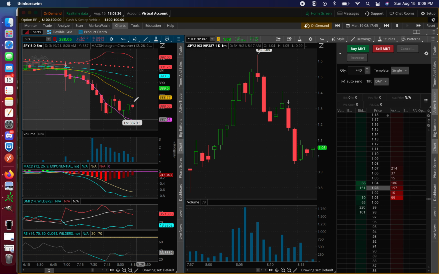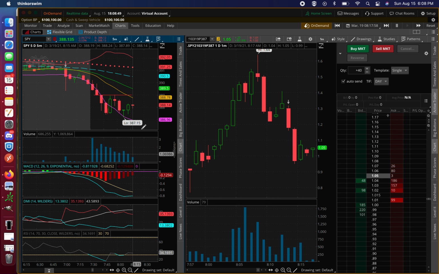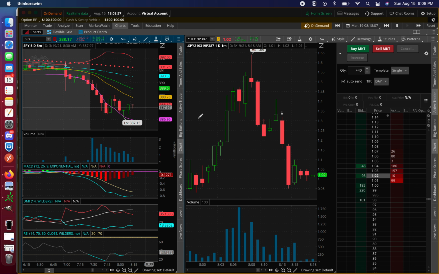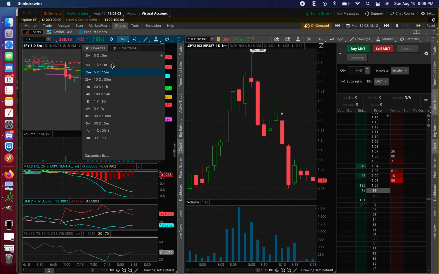For example, on this one, the RSI has been oversold for a little bit, the last, I don't know, 30 minutes or so. And it looks like it's wanting to make a move up. The MACD might be crossing over soon. Let's look at the 1 minute chart.